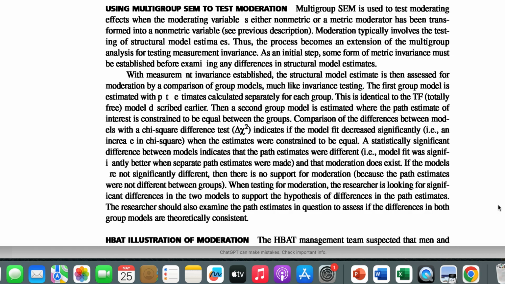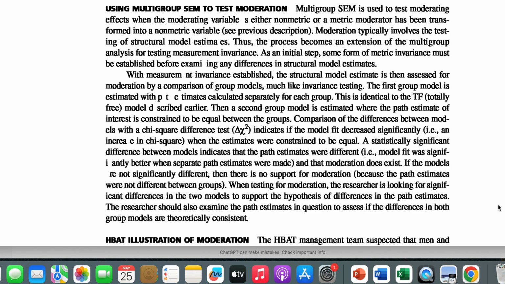Moderation typically involves the testing of structural model estimates, thus the process becomes an extension of the multi-group analysis for testing measurement invariance. As an initial step, some form of metric invariance must be established before examining any differences in the structural model estimates.